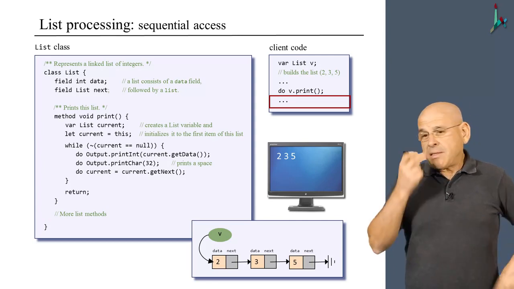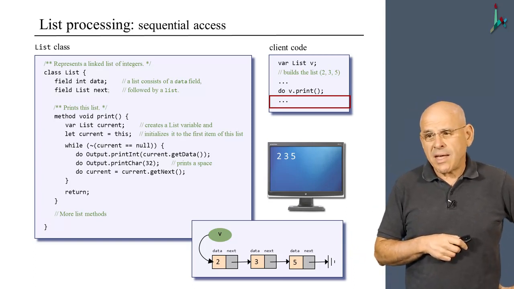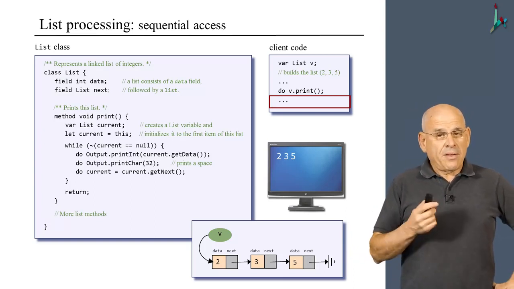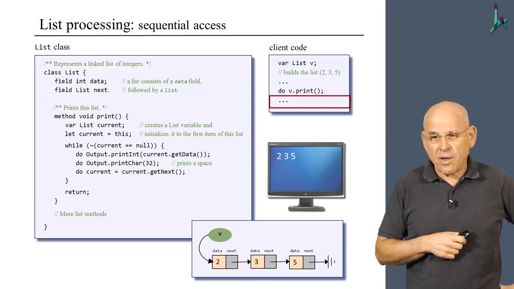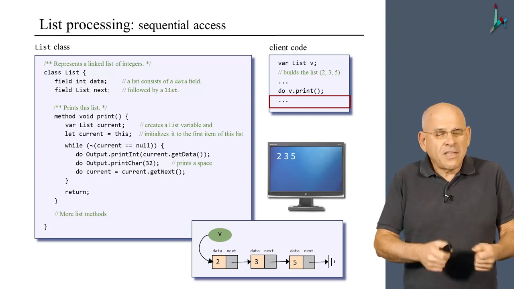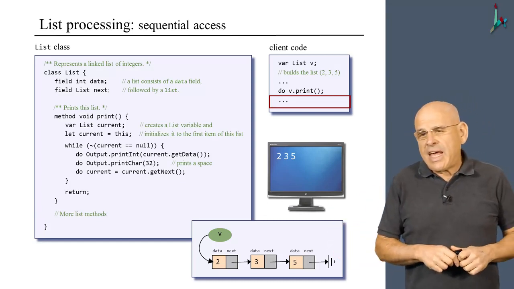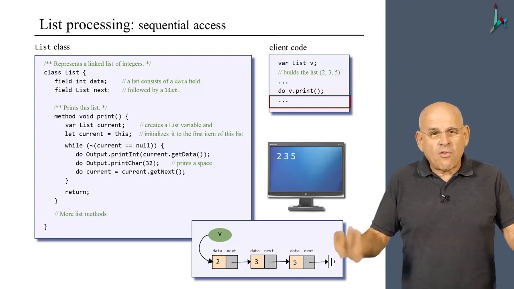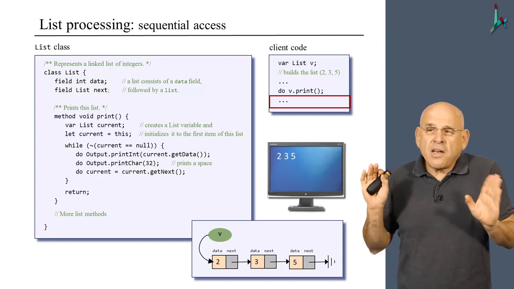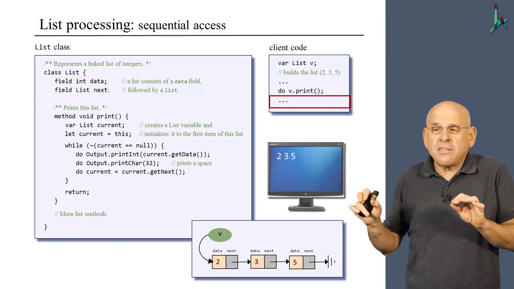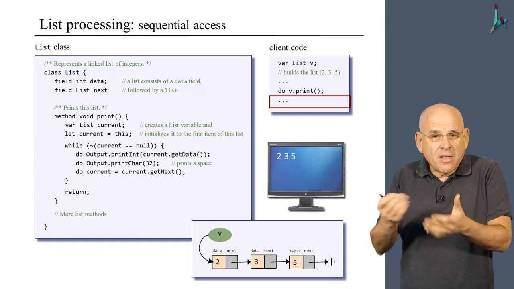So I guess there are 2 comments which are in order here. First of all, notice that the print method is quite invasive, if you will. It goes into the list and it goes through every item along the list, and there's a lot of drama going on, and yet, as far as the client is concerned, the client only asks to print the list, and once this thing is done, the list comes back to the client, so to speak.